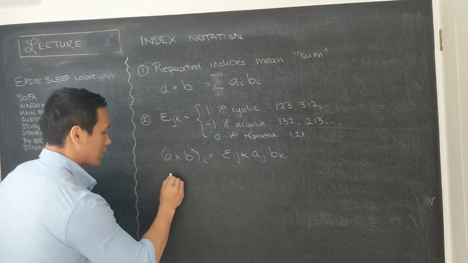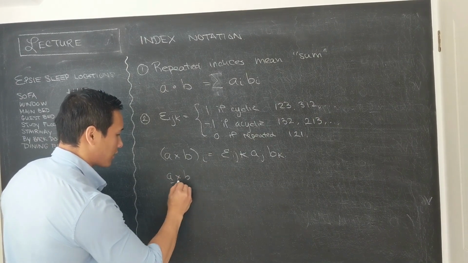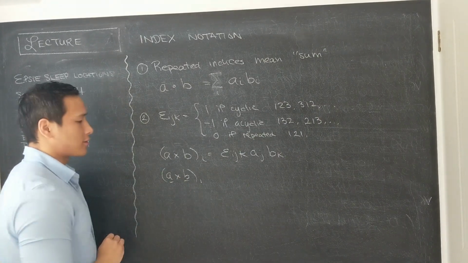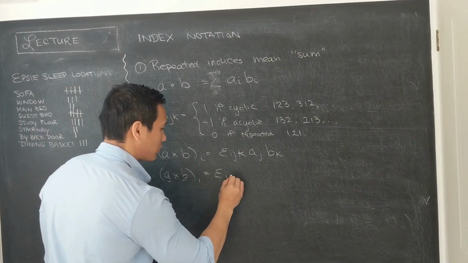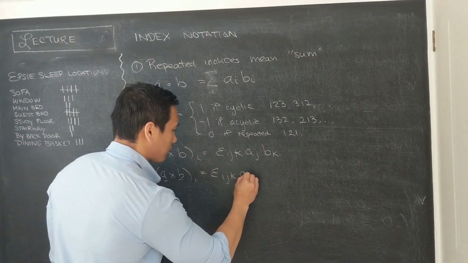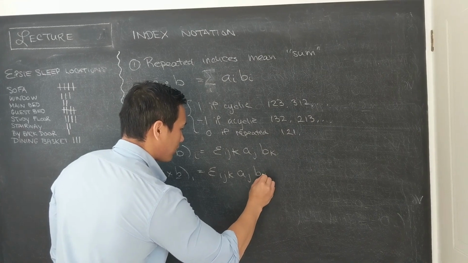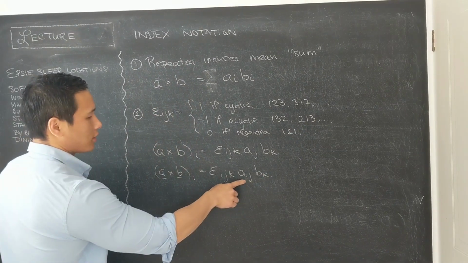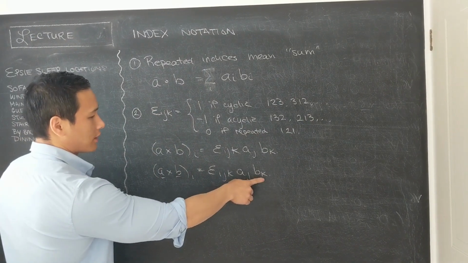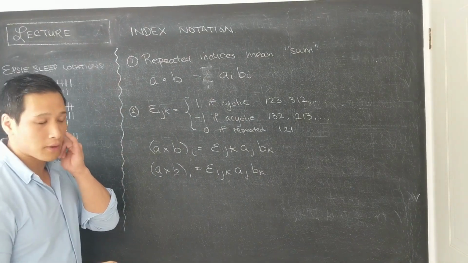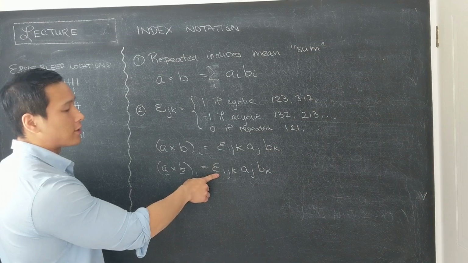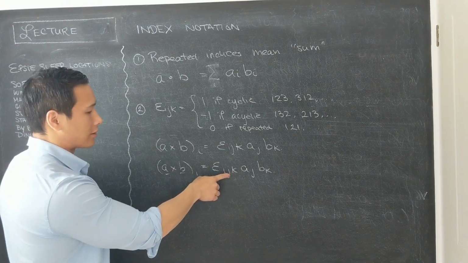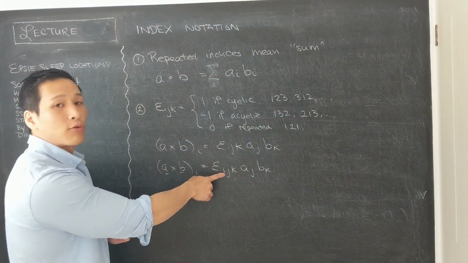So let's just do an example together. If I try to get the first component of this cross product, I would write down epsilon 1jk a_j b_k and sum over the 3 possibilities for j and the 3 possibilities for k. But I also know that epsilon ijk is 0 if any of the later j and k numbers repeat.